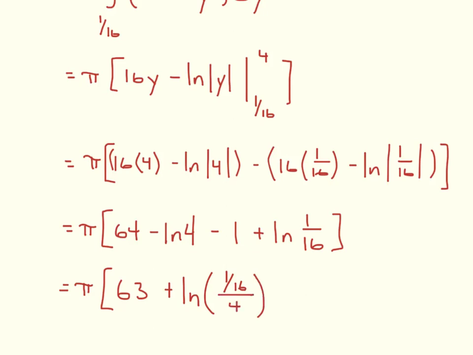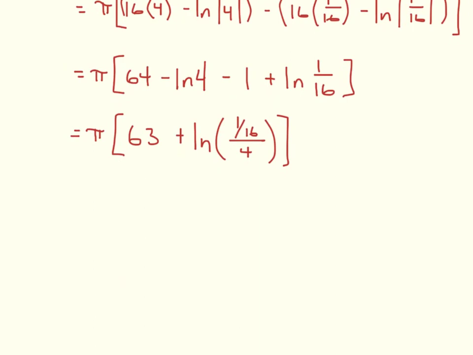When you have a log minus another log, you get the inside of the positive one divided by the inside of the negative one. Just a little bit more simplifying. We have 63 pi times ln of 1 over 64.